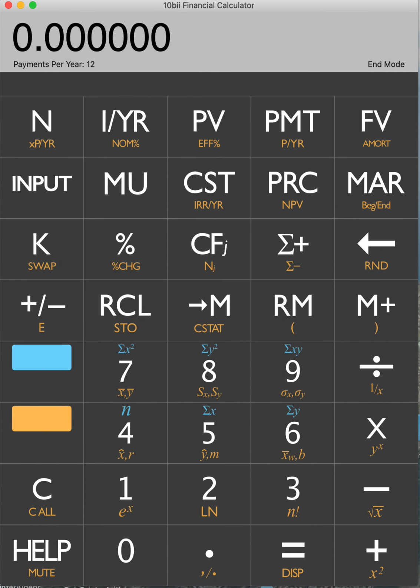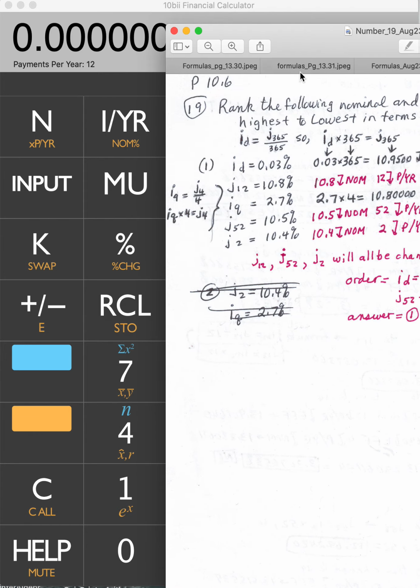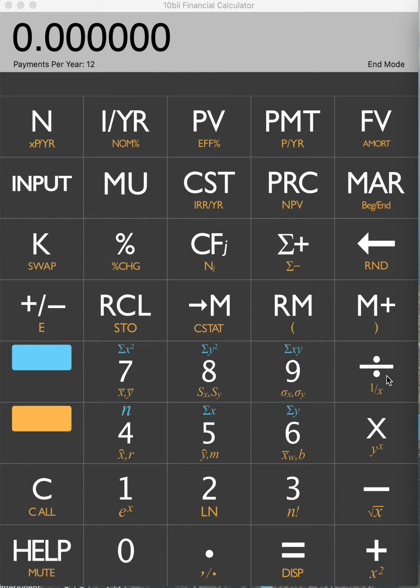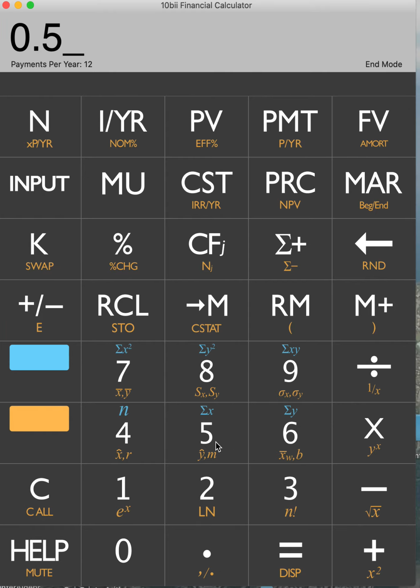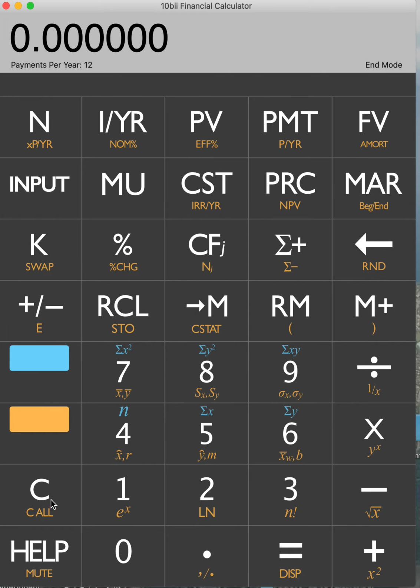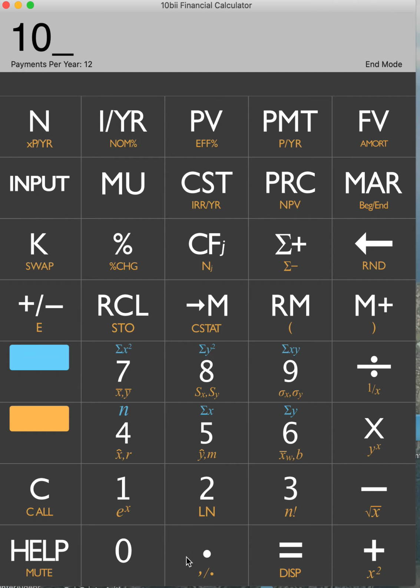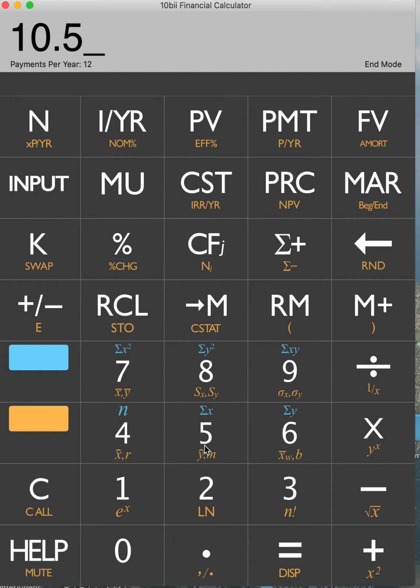Clear that. And now I'm going to do this one here, J52. Okay, so it's 10.5 is the nom. Oops, I forgot to do the clear. 10.5, that's my nom.